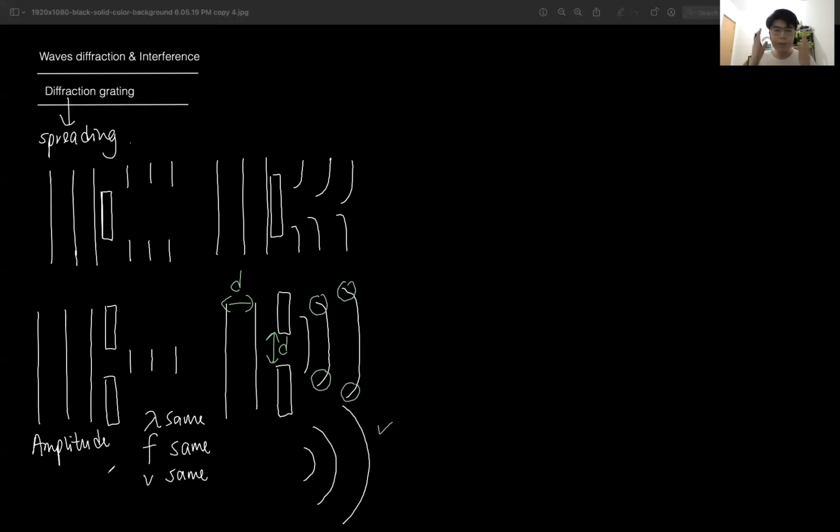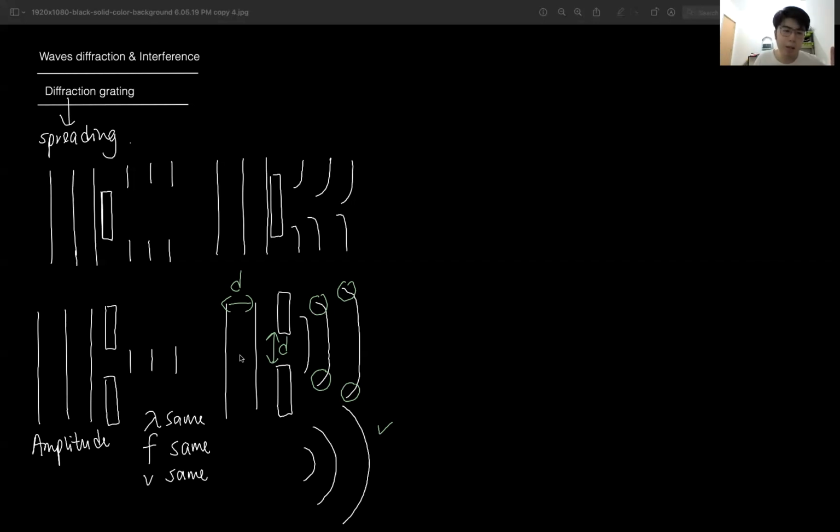Because if you just think of it logically, when a wave goes through a wider area, it's kind of like the energy is being dissipated into a wider area. So that means one point is going to have less energy compared to one point in the region before the diffraction. What I mean is like this.